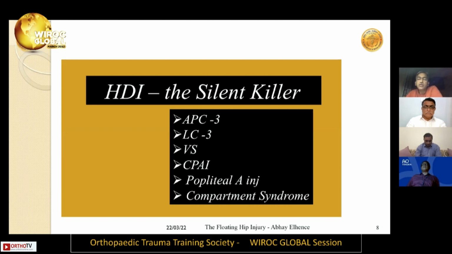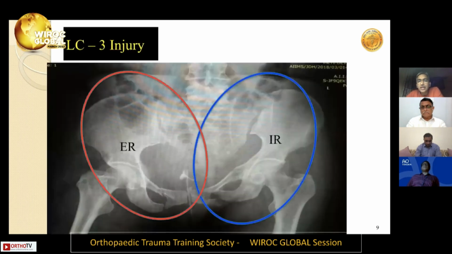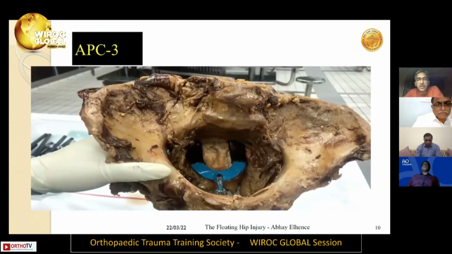So when Ranjan talks about a missed compartment syndrome, it's very, very important, because very often we may have an artery going into a spasm, but also we may have an internal artery, popliteal artery injury associated with these injuries. So that's an LC3 injury where you have a force which is coming down from one side, which internally rotates the hemipelvis on one side and externally rotates on the other side.